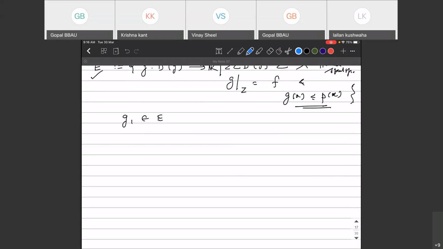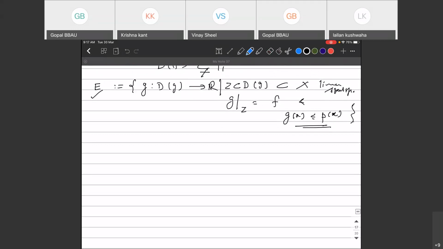So let me write it. What we will prove now is that G1 belongs to E. So now our claim is G1 x is less than or equal to p x. Let's do that.